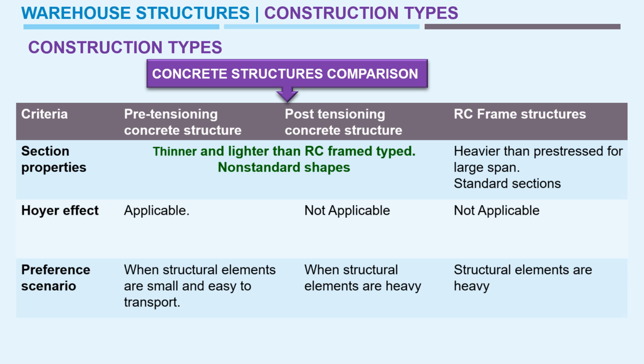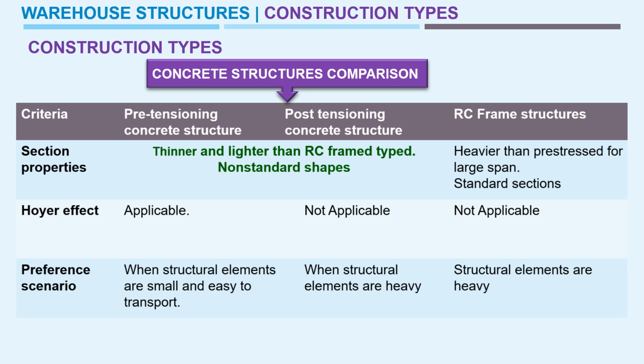And the next effect is the Hoyer effect. This Hoyer effect is applicable only for pre-tensioning. It is not applicable for post-tensioning and RC frame structures. The Hoyer effect means the change of the original diameter at the end due to the reduced value of the transmission length. Mainly for the continuous beam, when an effective force distribution is considered while doing the pre-tensioning, there will be less requirement of wedges, or the edge depth required is very small compared to the other two cases, post-tensioning and RC frame structures.